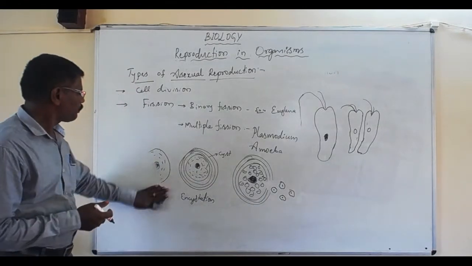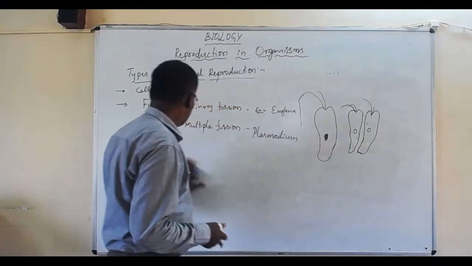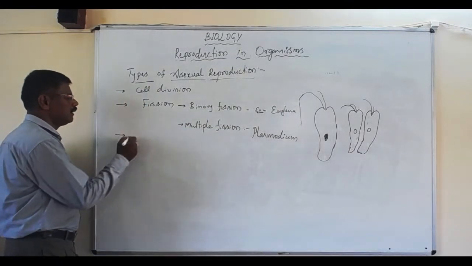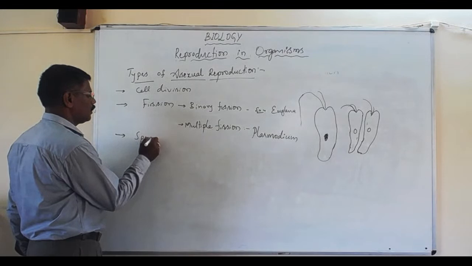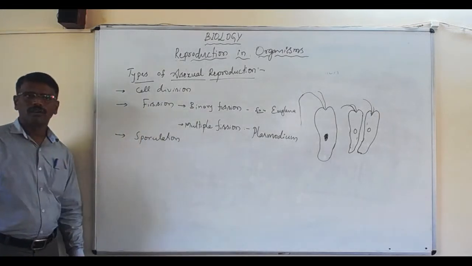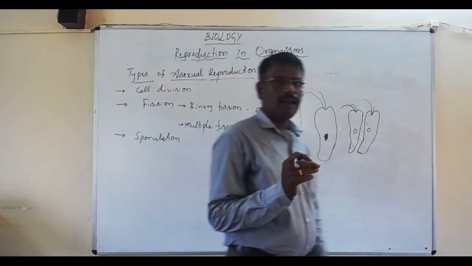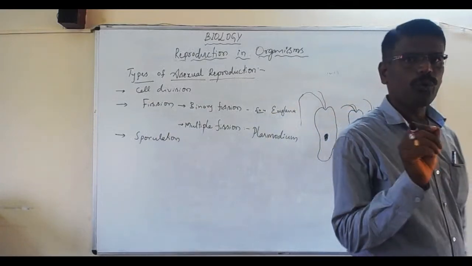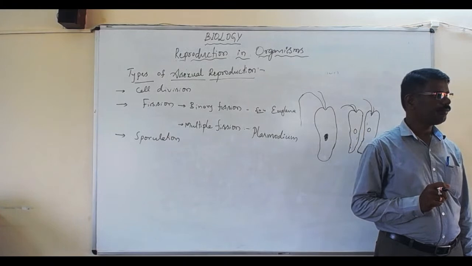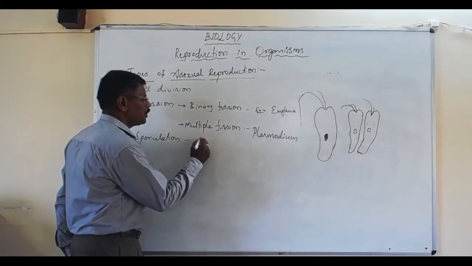Next, sporulation. Sporulation is nothing but a number of spores formed by spore mother cells present in the sporangium. For example, in Rhizopus.